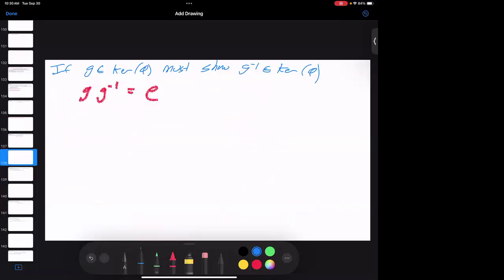I've got to do something, right? What do I have left to play with that I haven't used yet? What's the only thing on that first line that I haven't used yet? The kernel of phi. What should I use?